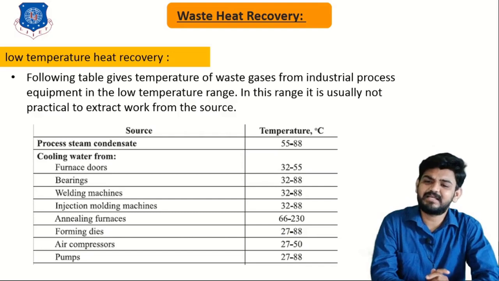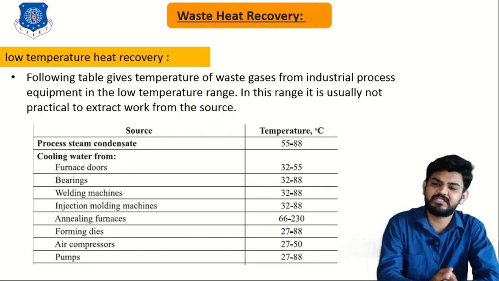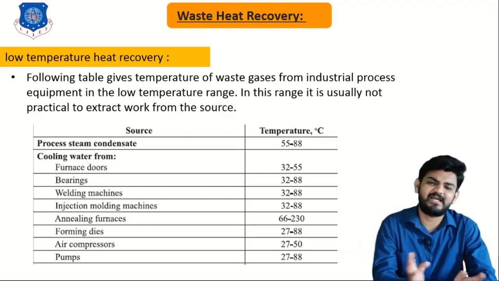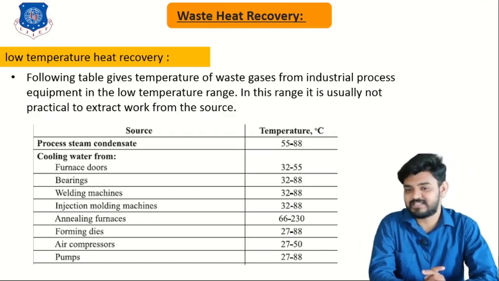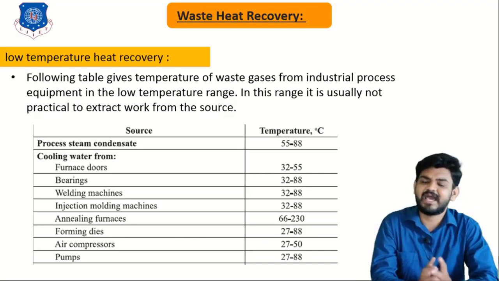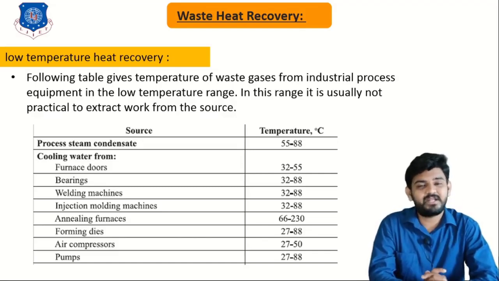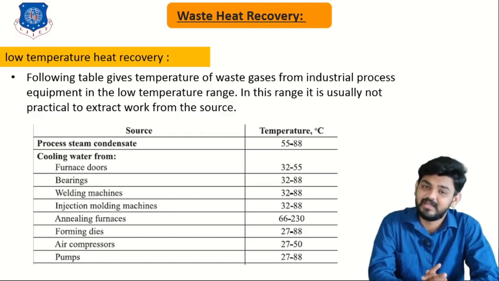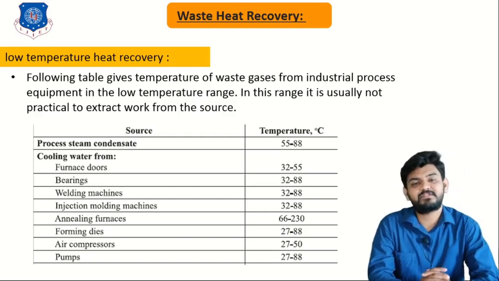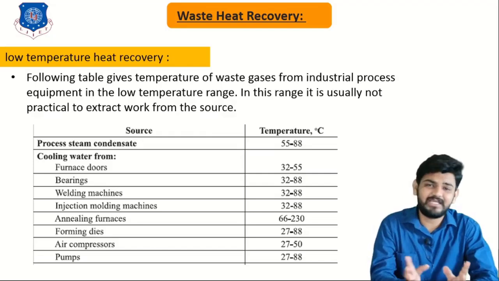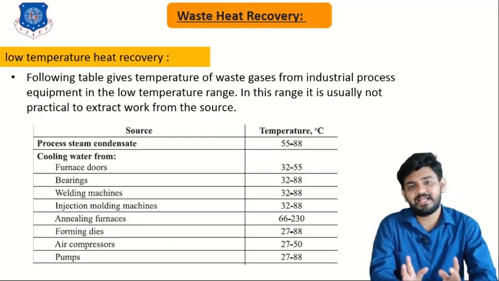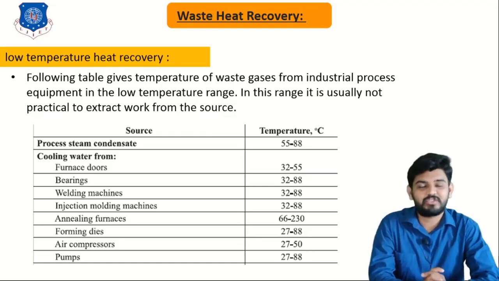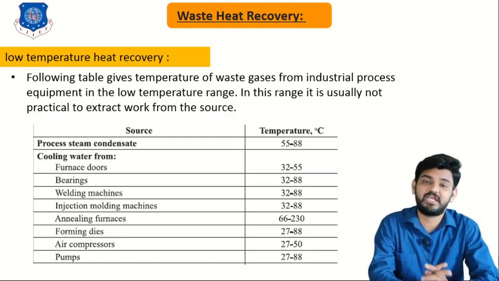Some sources are the furnace doors, which are at around 30 to 55 degrees Celsius. Then there is the air compressor, at around 27 degrees Celsius to 50 degrees Celsius. Then some pumps operate around 30 to 80 degrees Celsius. So practically we cannot extract heat from such sources, so they are classified as low temperature heat recovery.